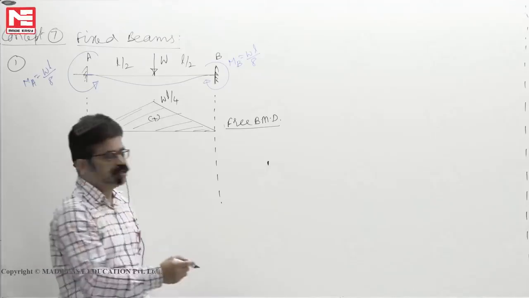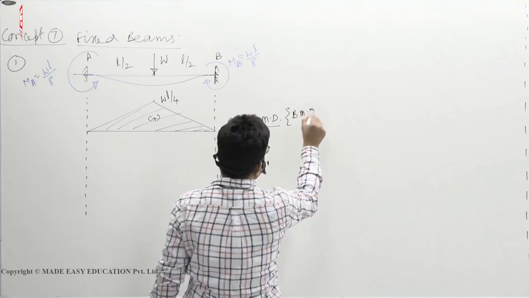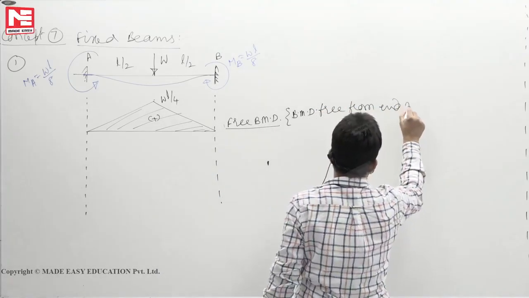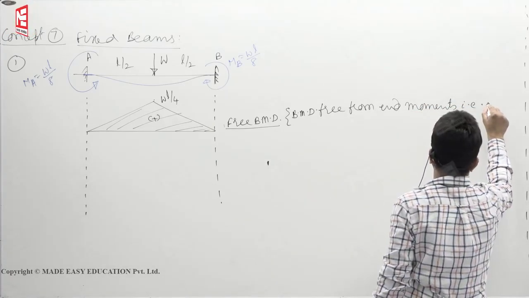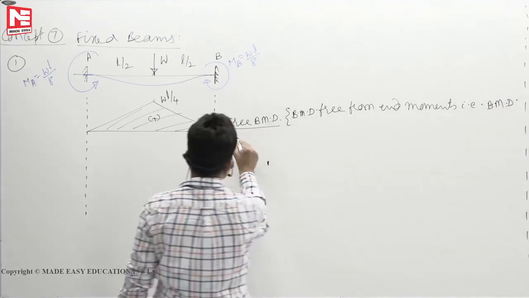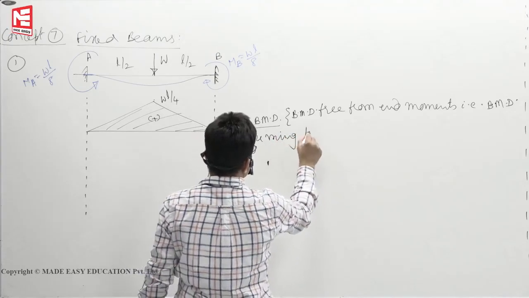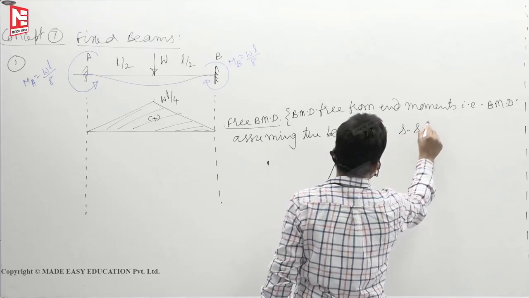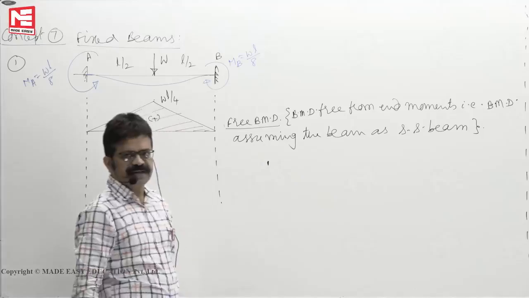Free from end moments. So bending moment diagram free from end moments. That is the bending moment diagram assuming the beam as a simply supported beam. This is a free bending moment diagram.